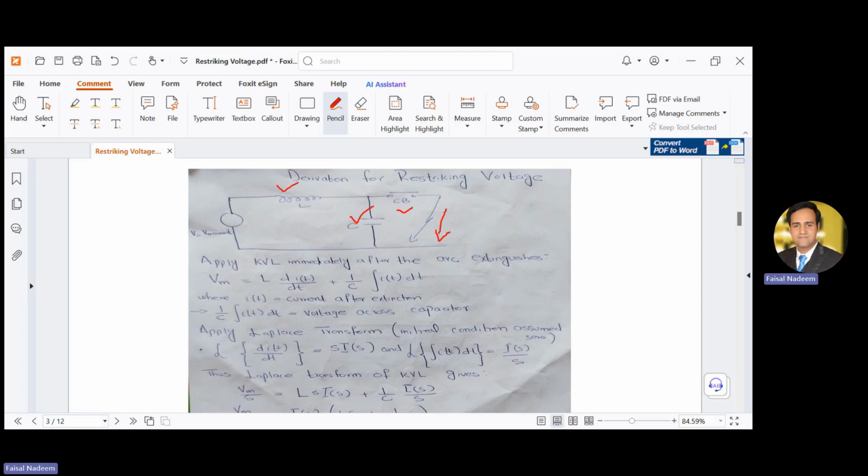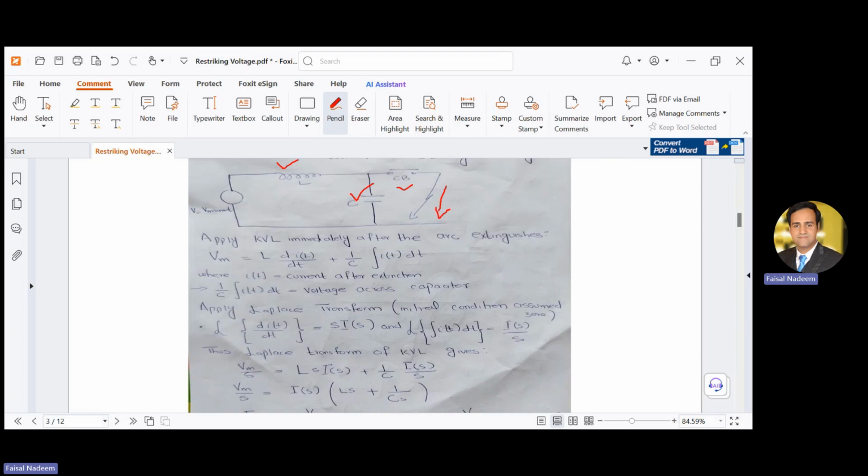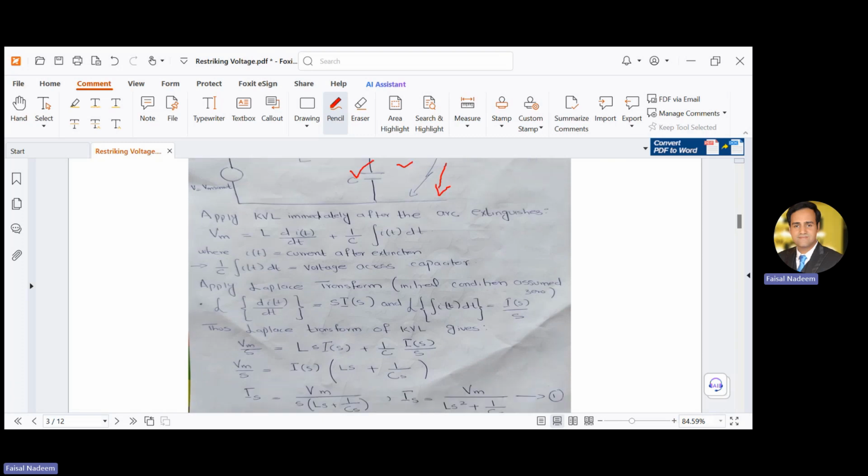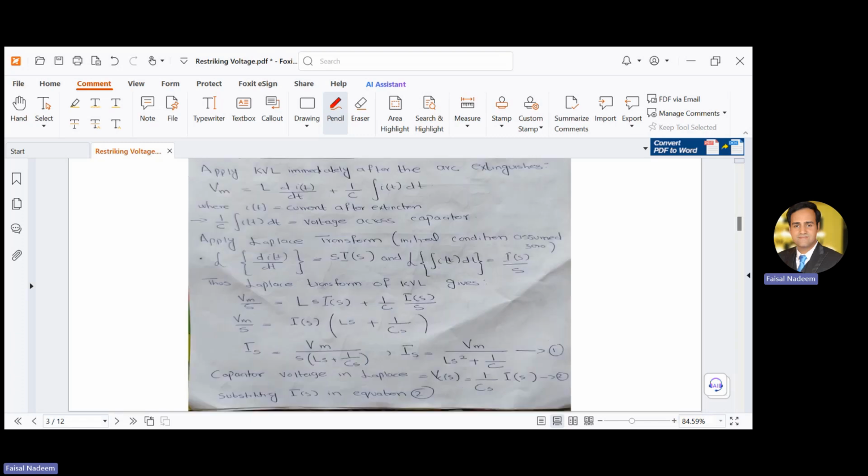Then the Laplace transform of KVL gives: with L we replace S I of S, and with 1 over C we replace I of S over C. We'll solve this equation for I of S. We first take I of S common, so LS plus 1 over C remains inside the brackets.